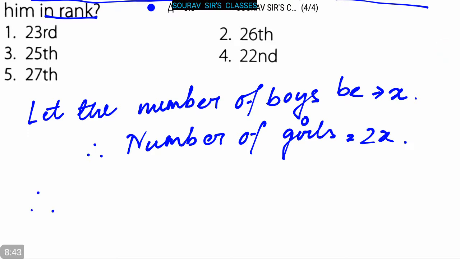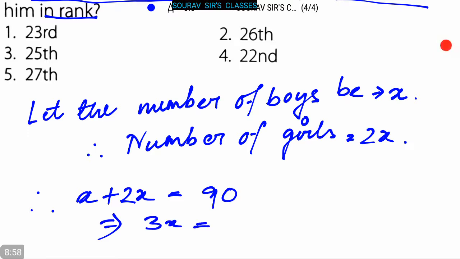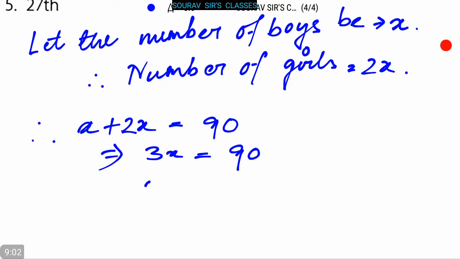The total number of students is 90, so x, that is the number of boys, plus the number of girls, that is 2x, is equal to 90. From that we can say that 3x is equal to 90, and from this we can say that x is equal to 30.